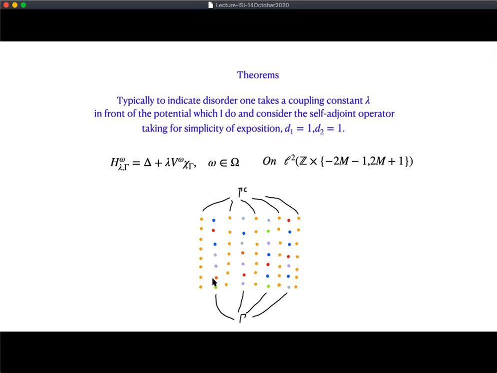It could have different values based on the colors. Okay, so I'm going to look at this operator on L2 of Z times the interval from minus 2m minus 1 to 2m plus 1. This is not a 2-point set. It's an interval, from minus 2m minus 1 up to 2m plus 1. So the width is 4m plus 2, or 4m plus 2 plus 1, of this lattice.